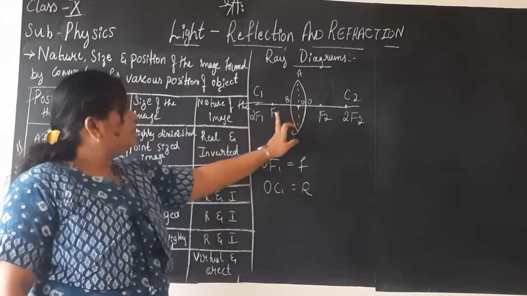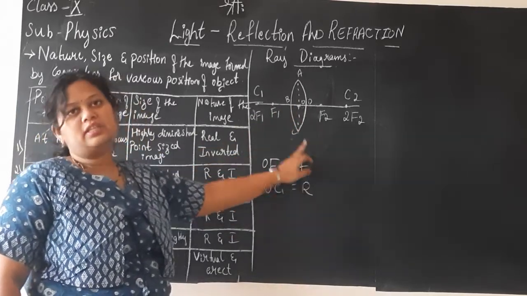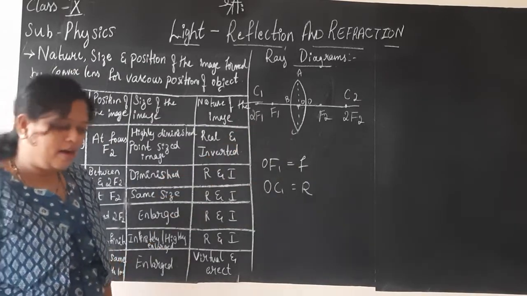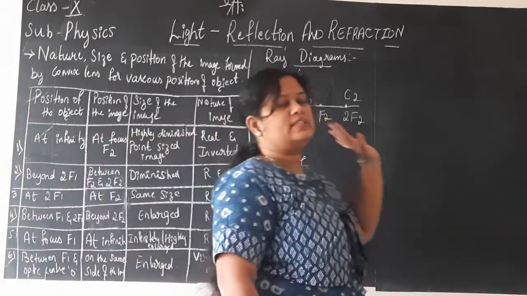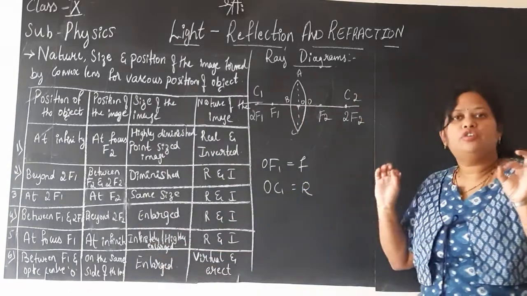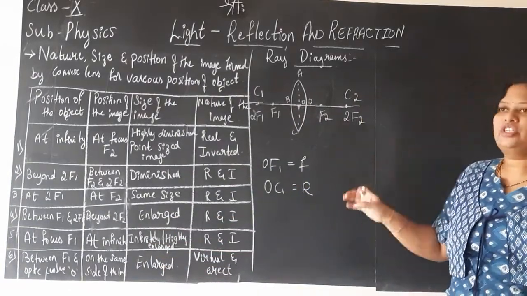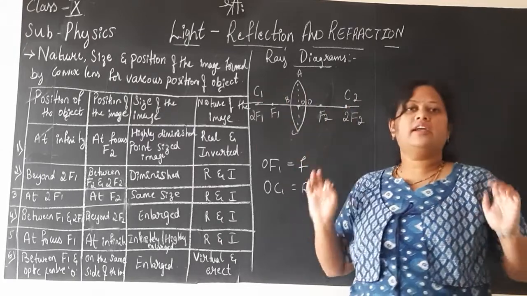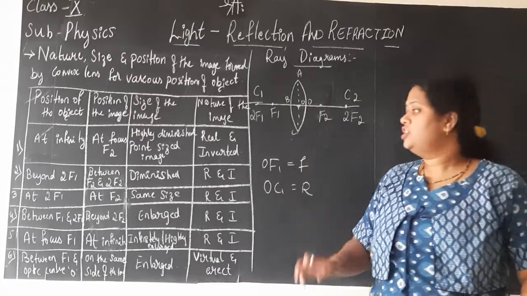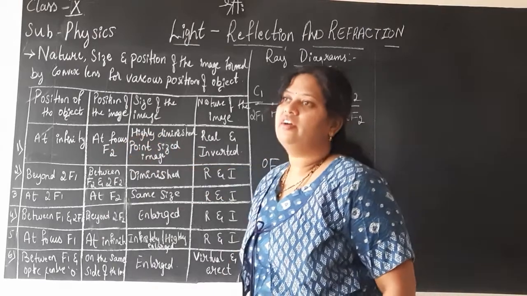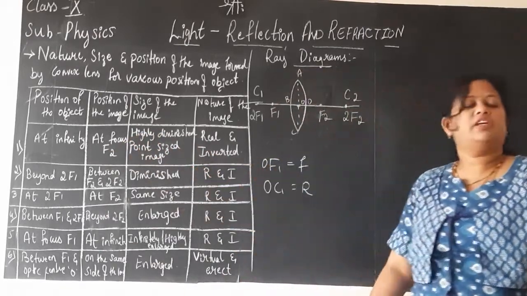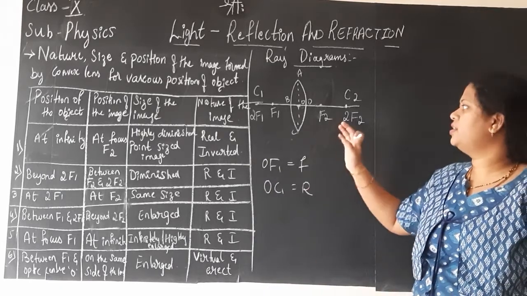OF, that is optic center to principal focus, is the focal length, and optic center to center of curvature is the radius of curvature R. That's all. So this is the skeleton of the ray diagram you should draw. If at all you see a question based on a ray diagram, draw the skeleton and keep it ready. Then you can check what position they have given, how I should draw, where the image should form, what is the nature of the image, all that you can decide later, children.